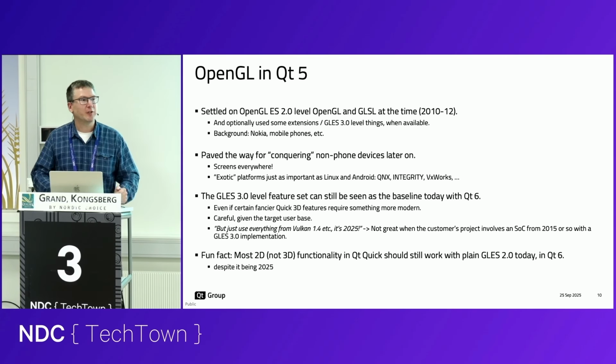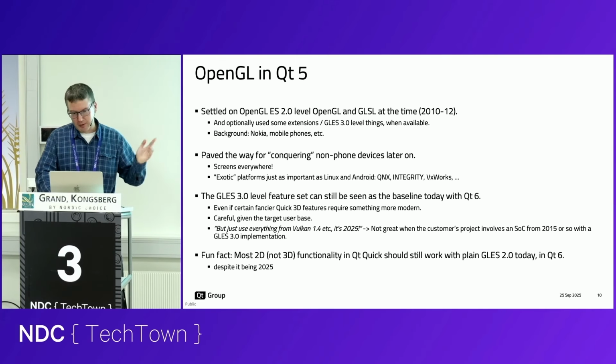So the specification for GLES 2, that's from 2008, right? And of course, that was a big thing now that mobile phone hardware will have GPUs that have a GLES 2.0 implementation, which was a big thing because you had shaders, right? So it was this programmable pipeline instead of the older fixed pipeline.